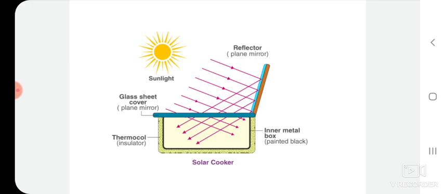The plane mirror reflector is fixed to the box with the help of screws or hinges. The mirror reflector can be positioned at any desired angle to the box to maximize concentration of sunlight. The mirror is positioned so as to allow the reflected sunlight to fall on the glass cover of the box.